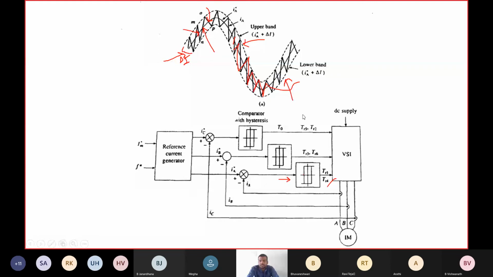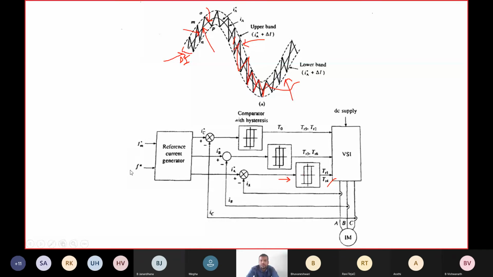I will briefly go over the concept once again, like a revision. I hope the concept is clear. The reference current generators are fed with IM star and F star, which are the current command signal and the frequency command signal.